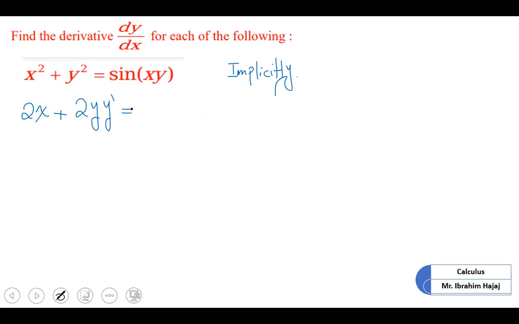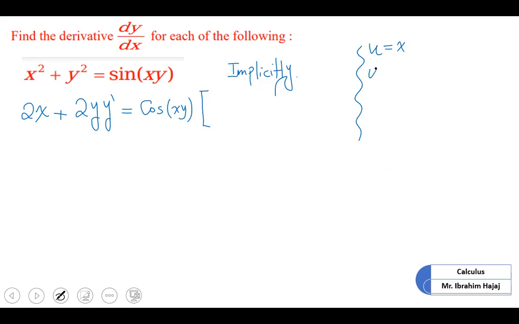Pay attention that the derivative of xy needs the product rule, because x is multiplied by y, so we have to use our product rule, u prime v plus v prime u. First, the derivative of sine is cosine xy, and open bracket. What is u?